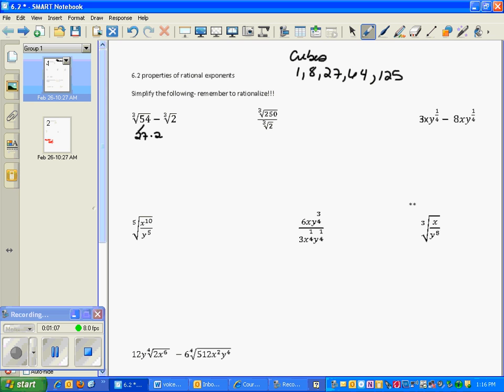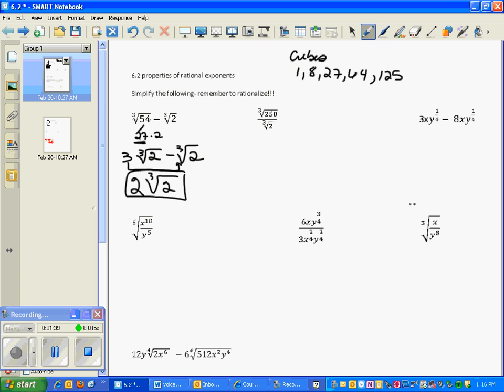So what is the cubic root of 27? 3. So this is 3 and the cubic root of 2 minus the cubic root of 2. If your values under the roots are the same, we combine our coefficients. What is 3 minus 1? 2 and the cubic root of 2.